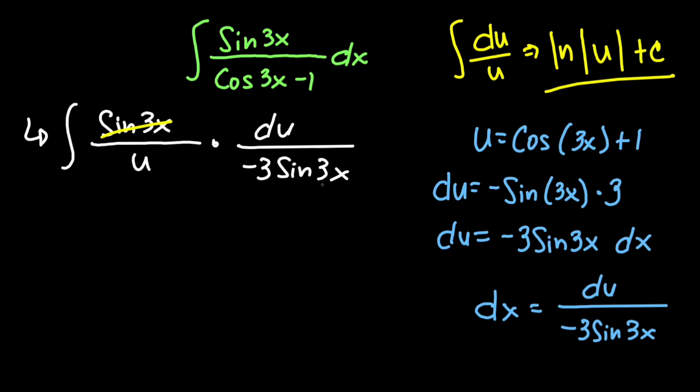Sine 3x here would cancel, so you are left with negative 3 here. Put it outside. Since this is a denominator, this would be equal to 1 over negative 3, or simply negative 1/3.